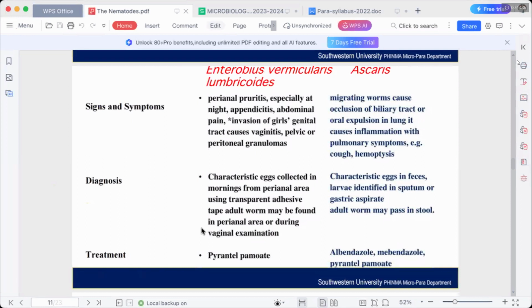So that was our point, this is ascaris. We just treated the patient with the drug of choice, and then the patient was okay, unless it really caused, for example, occlusion in the biliary system.